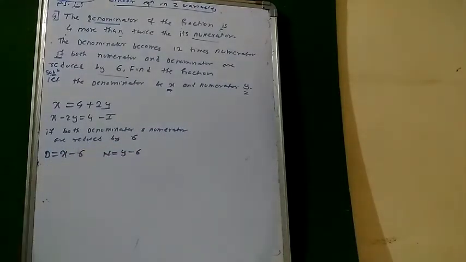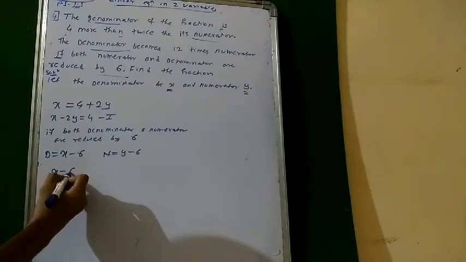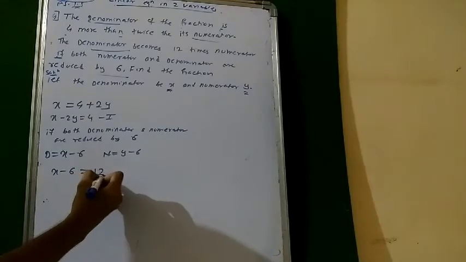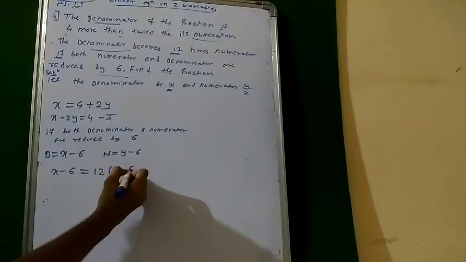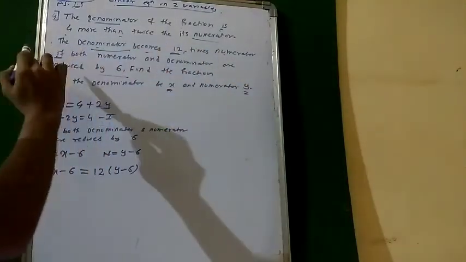After reducing by 6, what will happen? The denominator, meaning x minus 6, will be 12 times the numerator. If they are reduced by 6, the denominator becomes 12 times the numerator. Okay, this line is very much important.